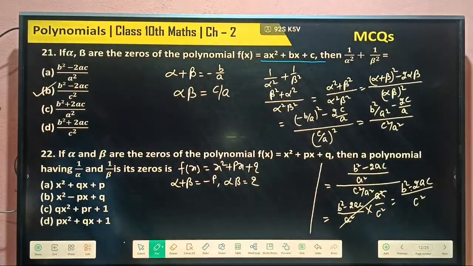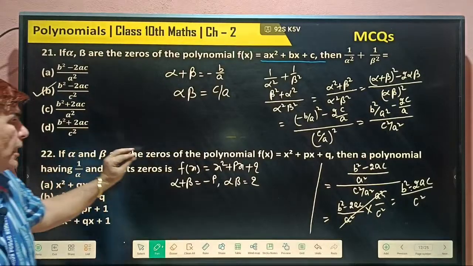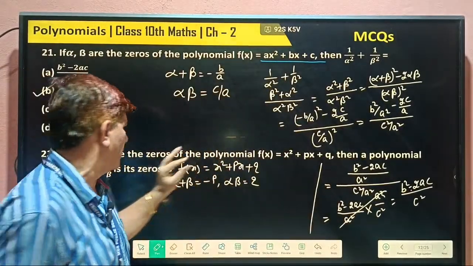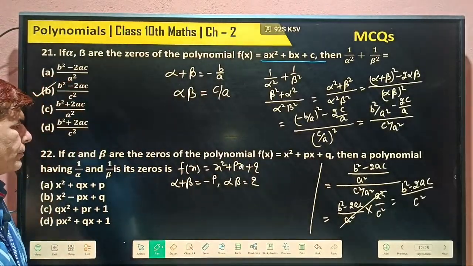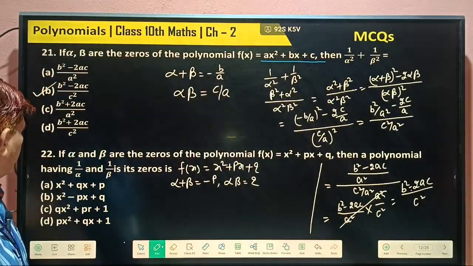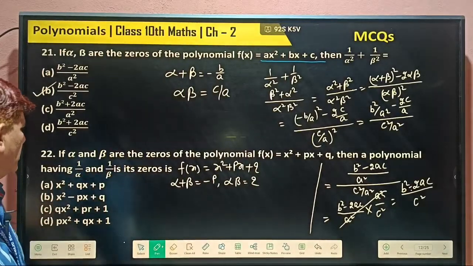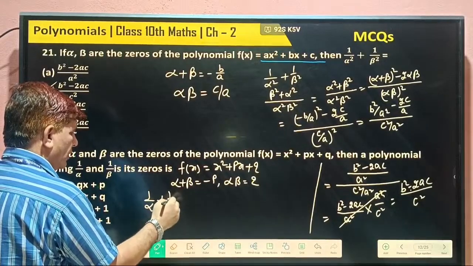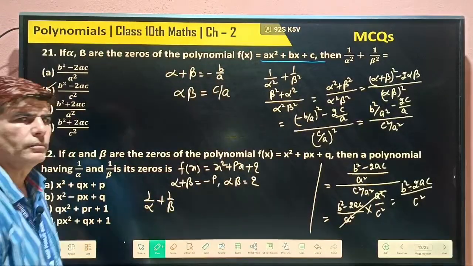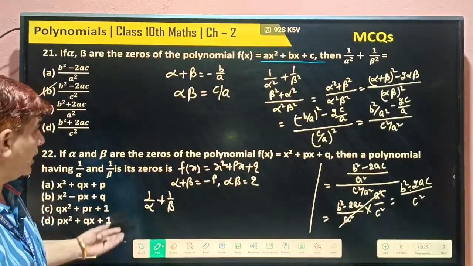What's the question? It says if alpha and beta are the zeros of the polynomial, then find the polynomial having zeros 1 by alpha, 1 by beta. Understood? This I can tell directly.